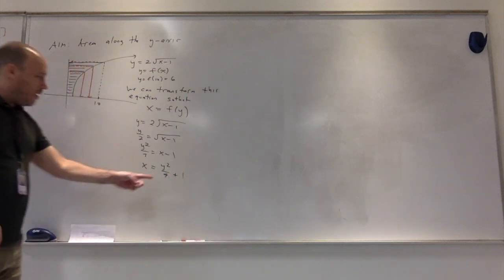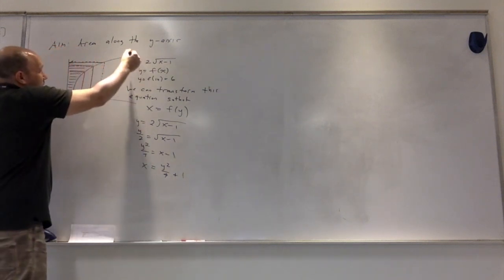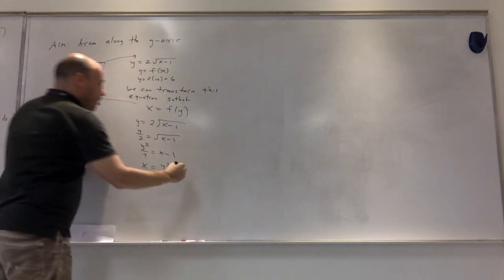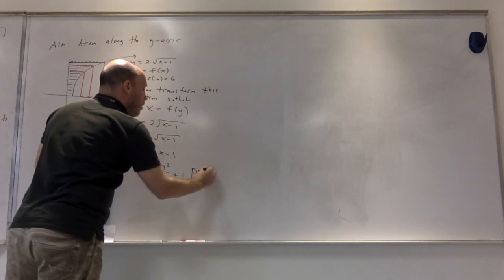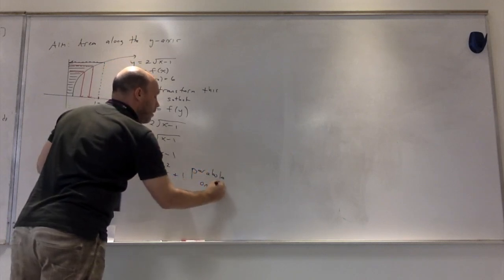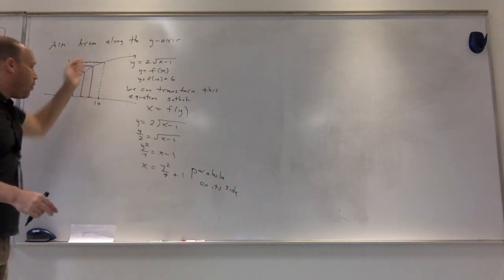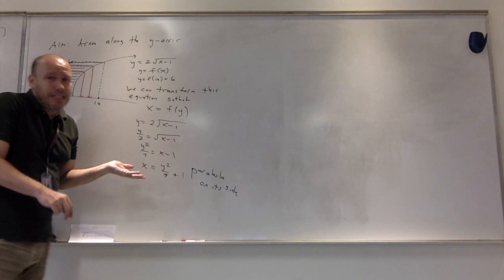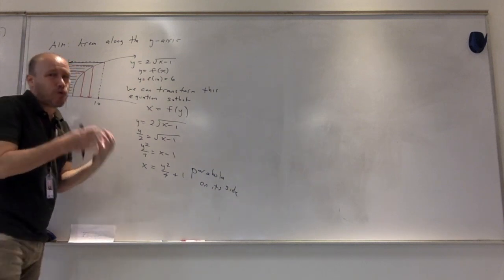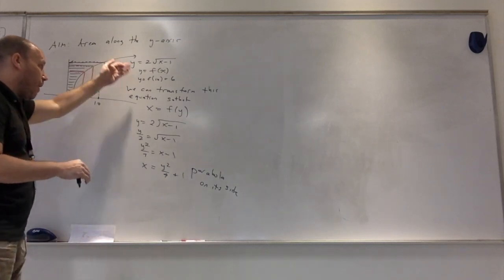You might say, Mr. Adler, that looks like a parabola. Well, this is a parabola, but it's on its side. We're not studying these because you can see that this parabola is not a function. This course really depends on functions, but we can still transform it.